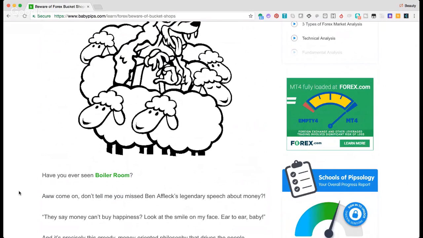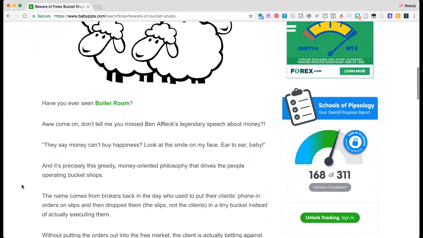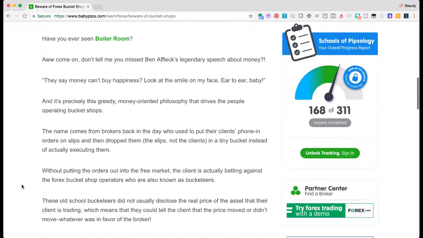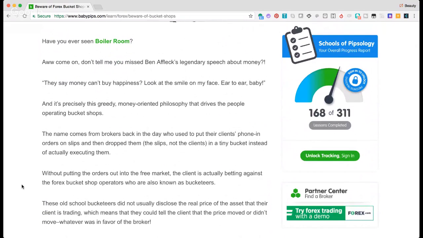Oh, come on, don't tell me you missed Ben Affleck's legendary speech about money. Quote, "They say money can't buy happiness? Well, look at the smile on my face, ear to ear, baby." And it's precisely this greedy, money-oriented philosophy that drives the people operating bucket shops.